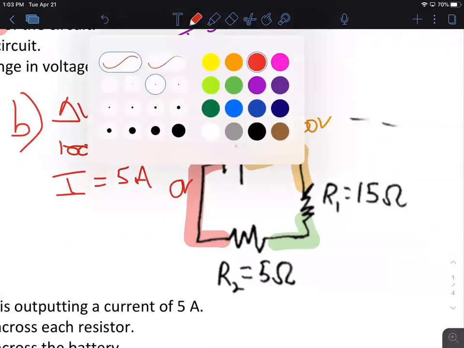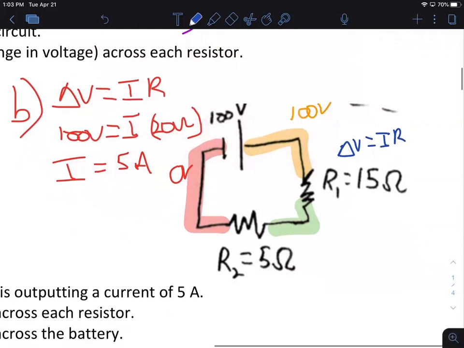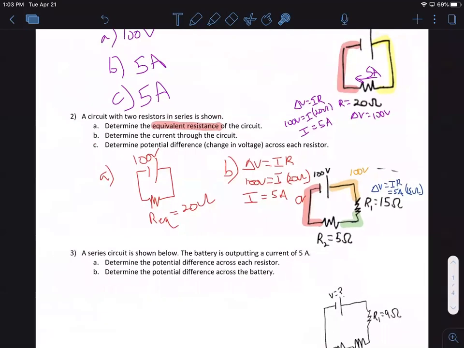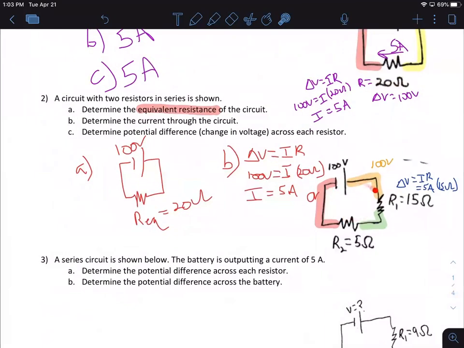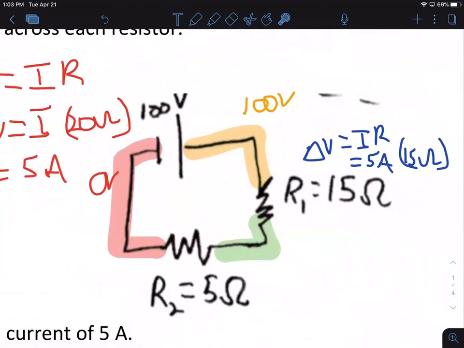All right, my first resistor here, how much does it change it by? Delta V equals IR. I found the current was 5 amps. So 5 amps, 15 ohms. And the reason that the current is the same here as it was in my equivalent one is because, again, I just had one loop either way. Same loop.